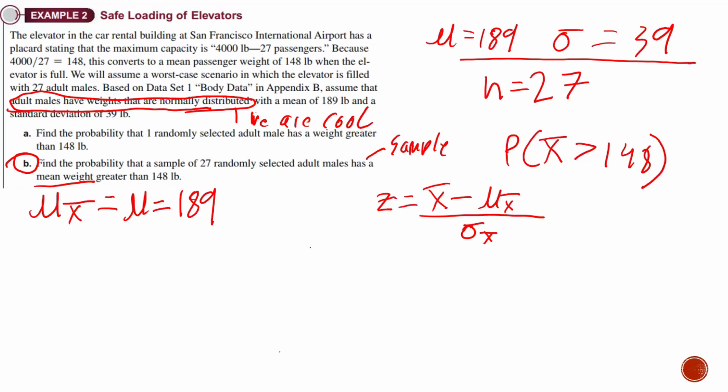So I said, okay, the mean of my original distribution was 180, and the mean of my sampling distribution is the same. Can I use the same conclusion? Is this also true?